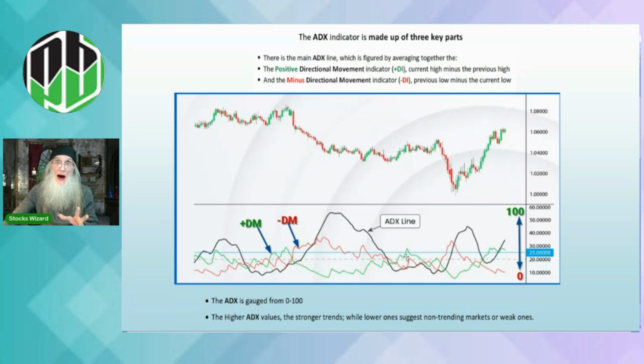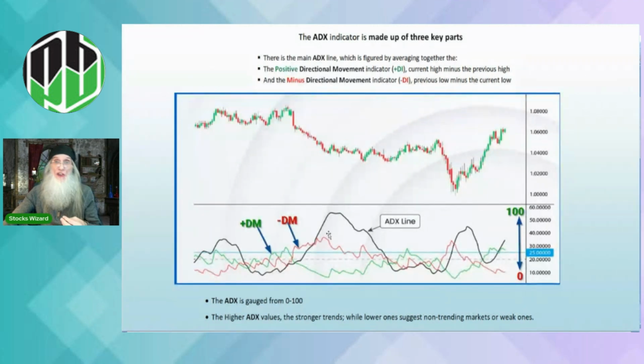It's at 25. Anytime this black line, your ADX, well, actually any line, anytime these lines are under 25, it's called ranging. Hasn't got any strength, not to fall, not to climb. It's just going sideways when it's under 25. When it gets up over 25, it's already hot. It's not warming up, it's hot.